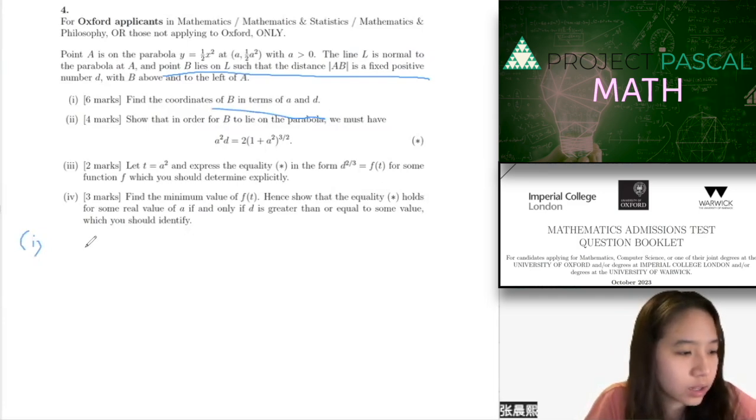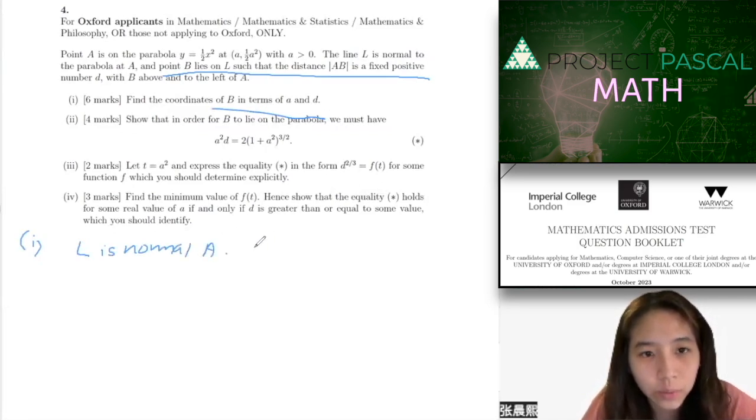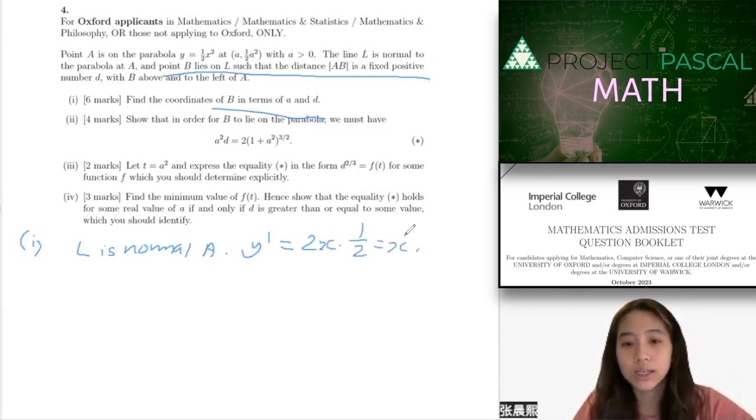So L is a normal to the parabola at A. So y prime equals 2x, or a, and that's the tangent.